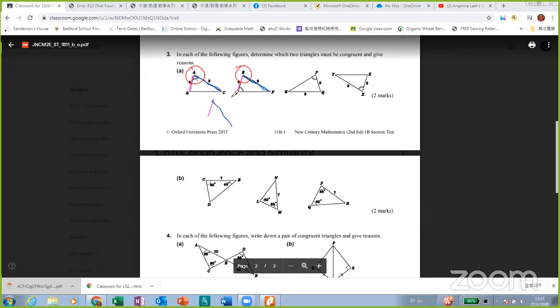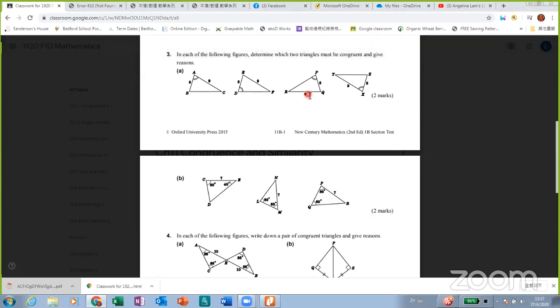Therefore, for the information given, I cannot confirm that they are congruent, because it is possible that they are different shapes, since angle A and angle E may be different. Therefore these two triangles are not congruent.